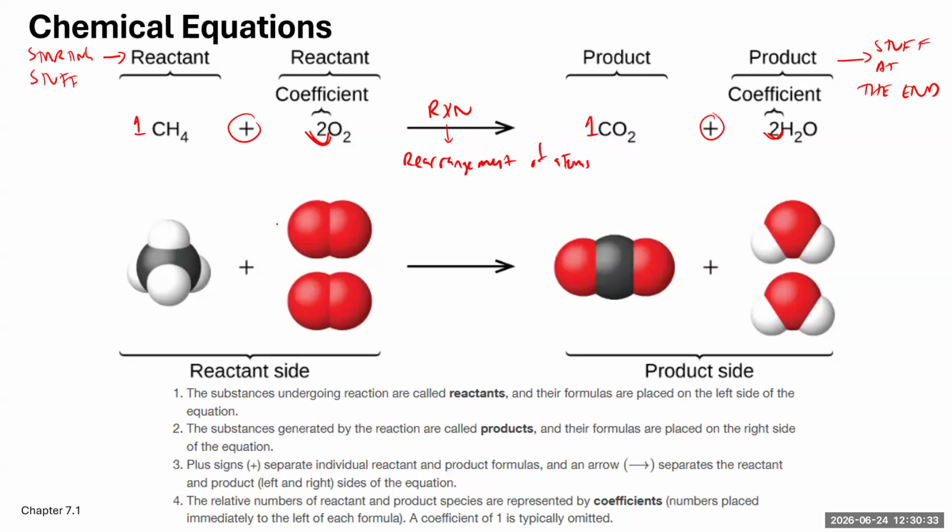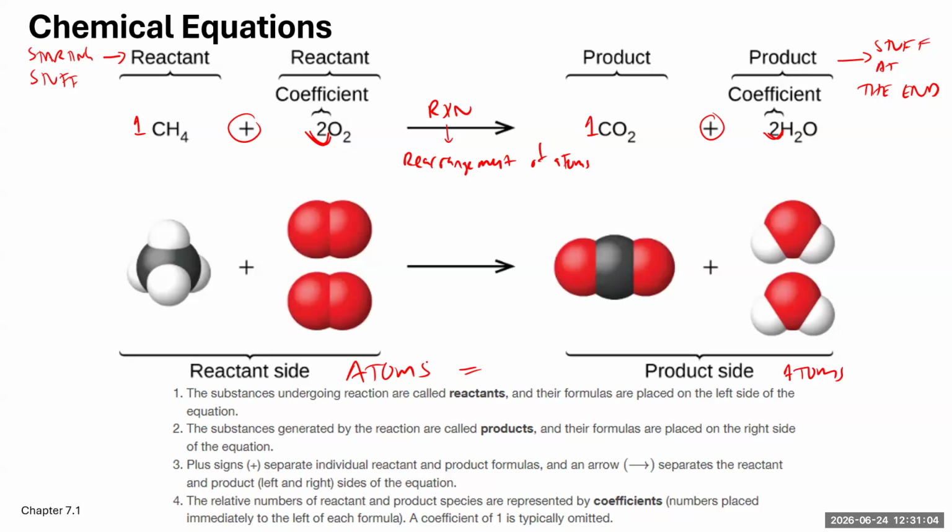So we have the reactants on the left. We rearrange those through some chemical reactions into some new products. The pluses separate them, and the arrows tell you there was a reaction. One thing I want to point out is that atoms on the reactant side should be the same as atoms on the right side every single time.